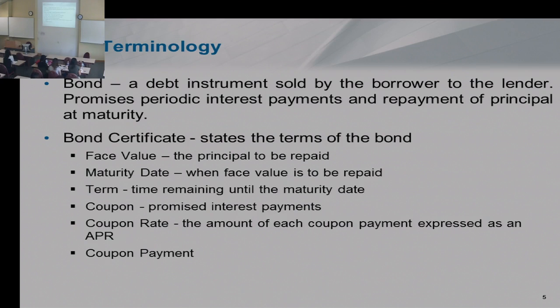Called consol bonds. The interest will always be paid each year, but the principal will never be repaid. So if you're an owner of a consol bond now, the reason you've got it is you inherited it from mum, who inherited it from granddad, who inherited it from someone who inherited it. It's never gone away.